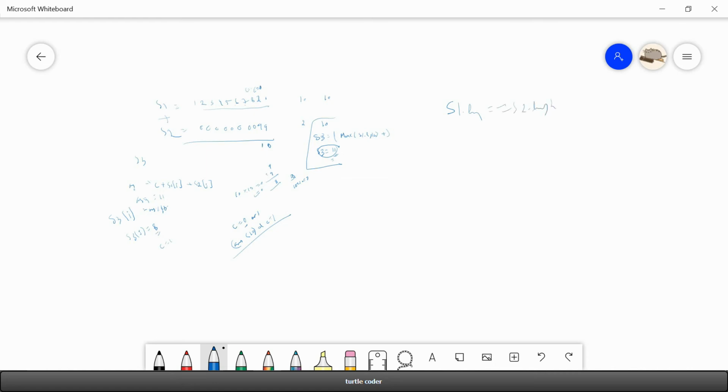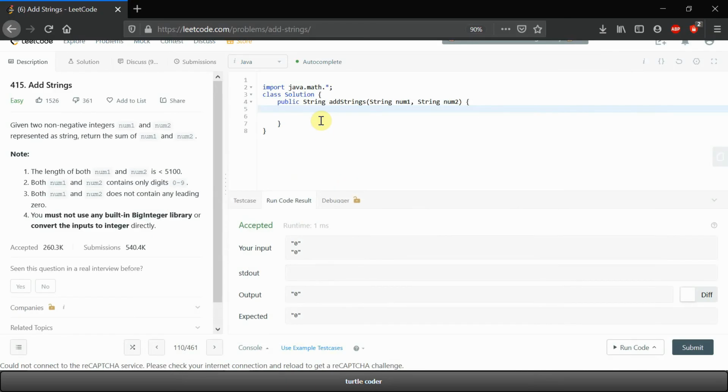Let's say they both have 10 characters in them. What should we do in that case? Should we be doing something? I think no. In that case we don't have to do anything. So we have to do things only in the case where the strings have an unequal number of characters in them.